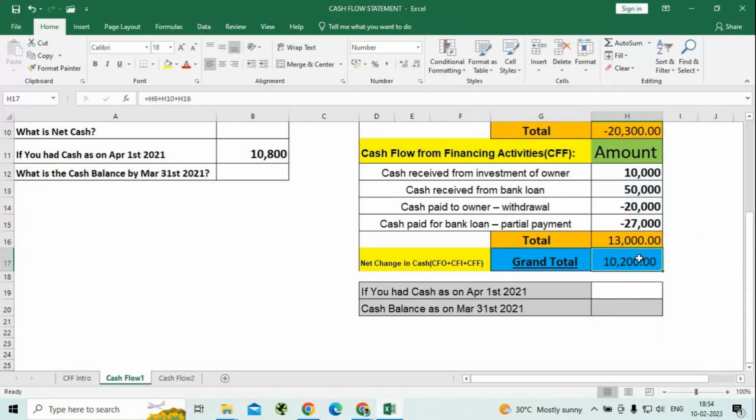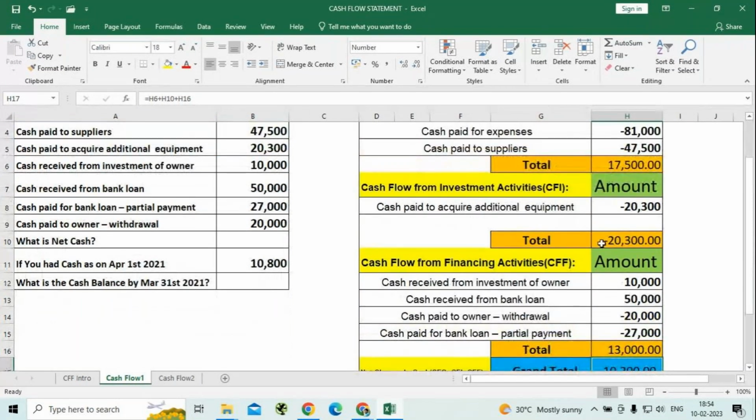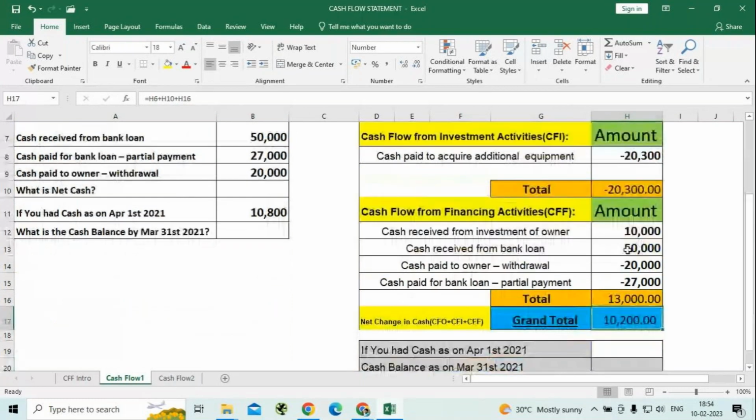So it is 13,000. So the total cash flow from the operating activities is 17,500. Investment we had more, so it is a minus 20,300. And we have cash flow from the financing activities, the plus value of 13,000.